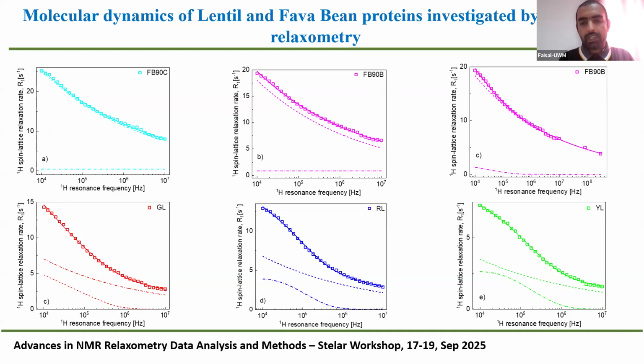In our legumes, we apply the power law to get information about the distribution of the correlation time, the complexity of water, and also the heterogeneity of the legume samples, how they are differentiated, and how much capacity they have to hold water and protein.